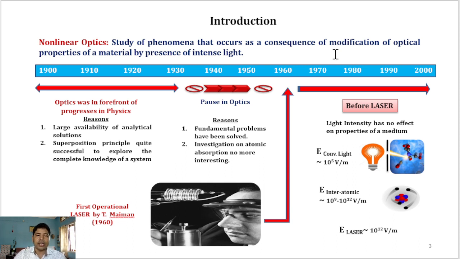But later on, when intense light came into existence, when the laser was invented, we came to know that material properties can be highly manipulated by introducing this intense light.